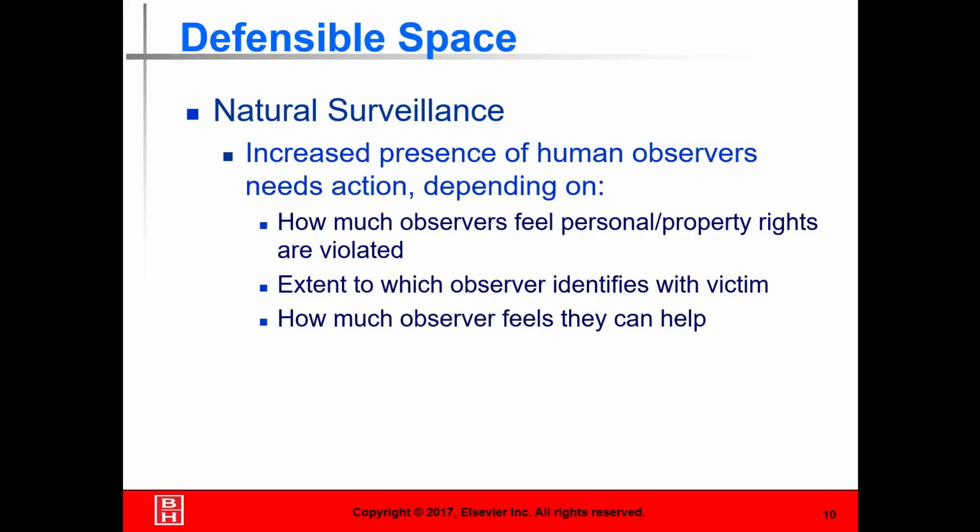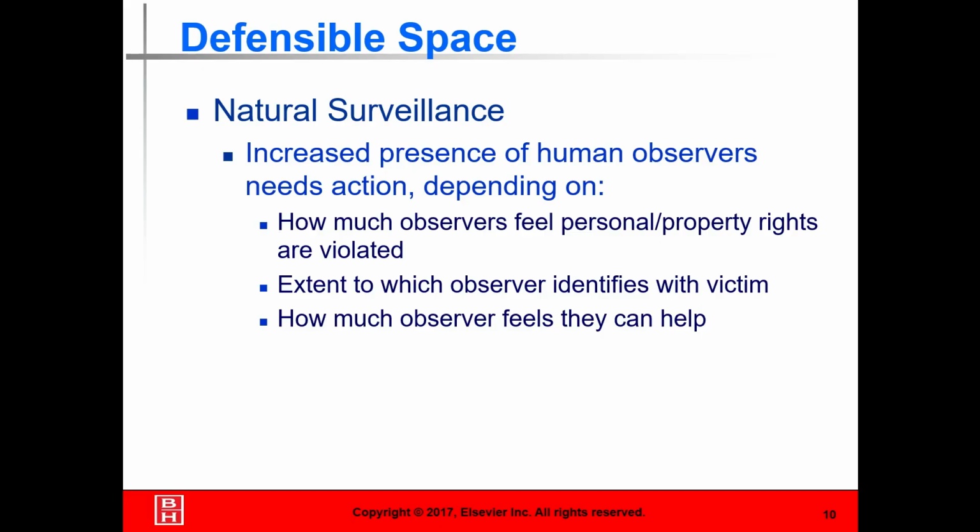Natural surveillance: increase people outside, right? Have open areas where people are. The more people that are present in any given area, the less likely crime is going to happen. Extend it, identifies with victims, how much the observer feels they can help. But just being out and in a community helps with this. A criminal's not going to attack someone if there are people around.